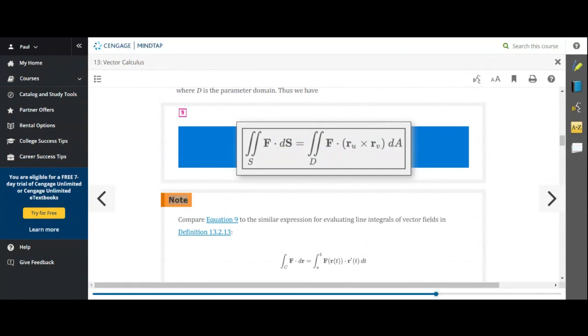For me, it makes my life easier if I only have to worry about one formula. So, are there any questions on that? All right, let me stop there on the recording.